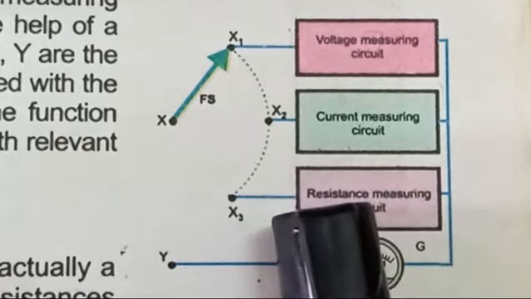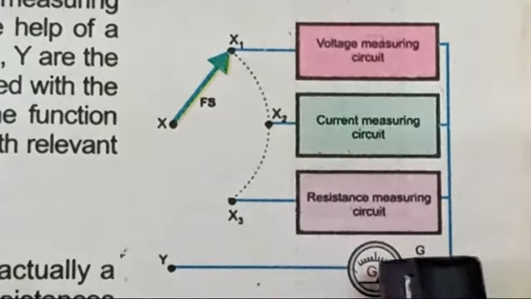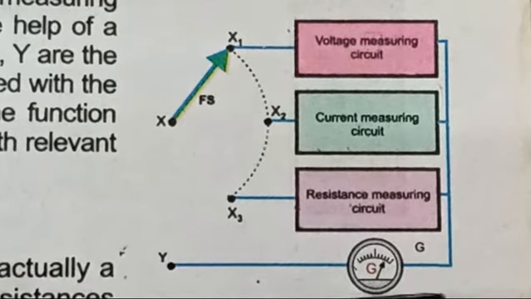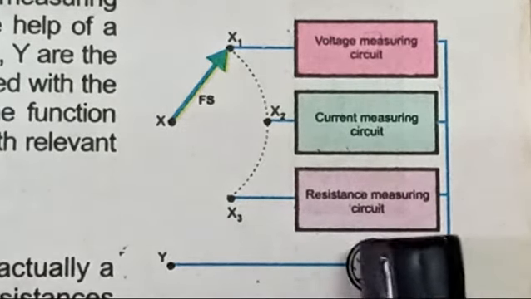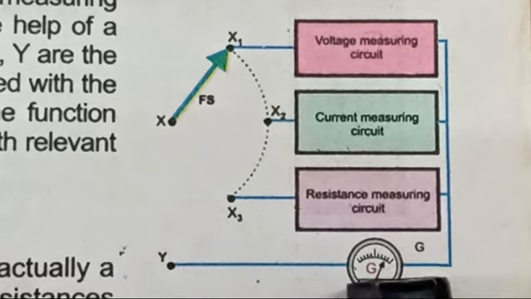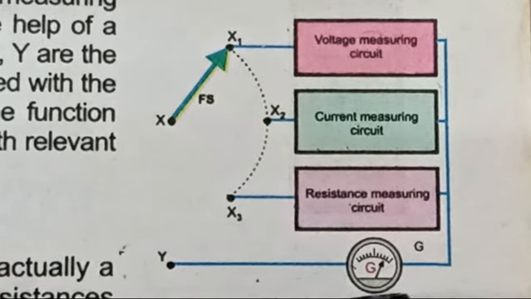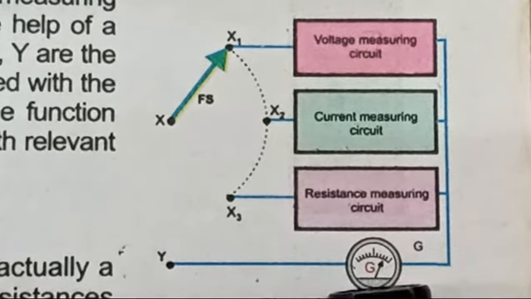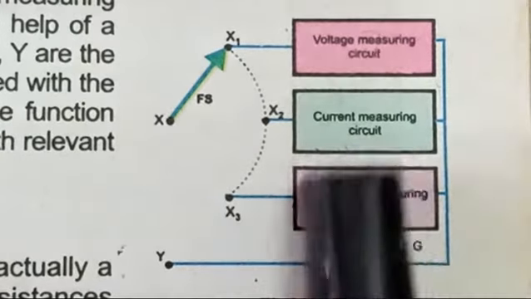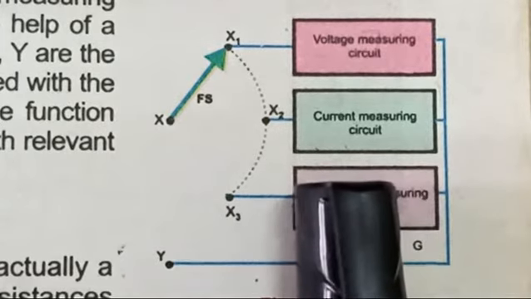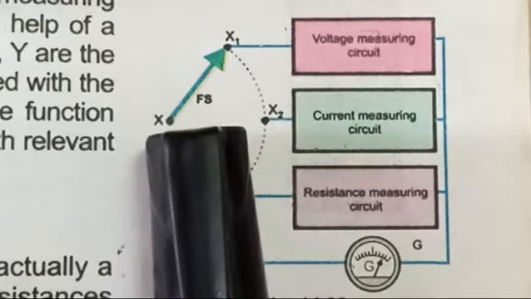There is a sensitive moving coil galvanometer, this one, that is converted into a multi-range ammeter, voltmeter, and ohm meter, as a current measuring circuit or voltage measuring circuit or resistance measuring circuit. Each operates as a function of voltage measuring circuit, current measuring circuit, and resistance measuring circuit with the help of a function switch, this one, Fs.